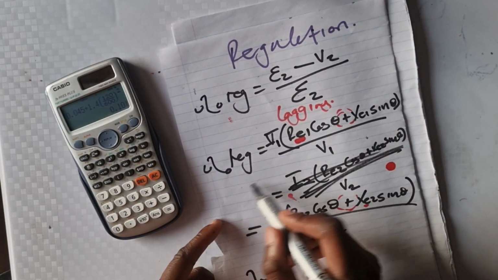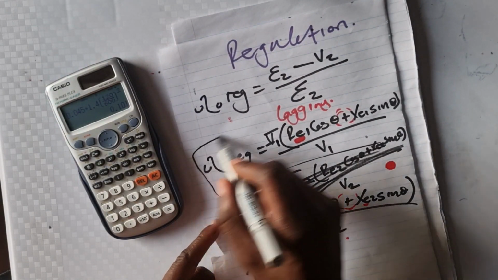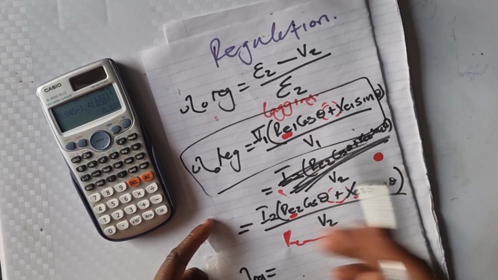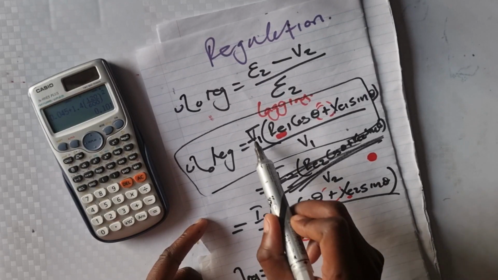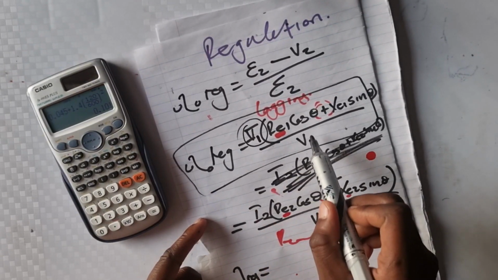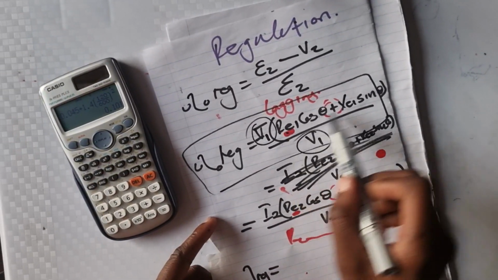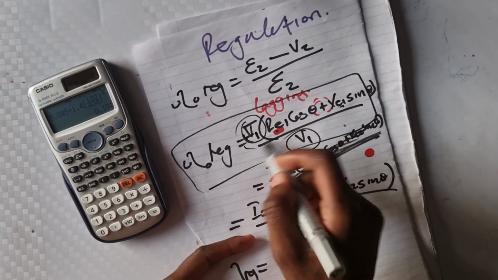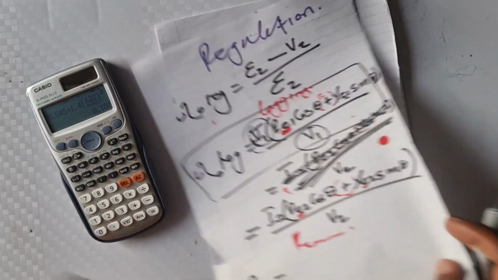The formula we are going to use is this one. If you check your formula sheet, it might be there, or you can just remember it. So we know that we need I1, V1, and RE1 and XE1, which you already have. Now we need to calculate what? I1.